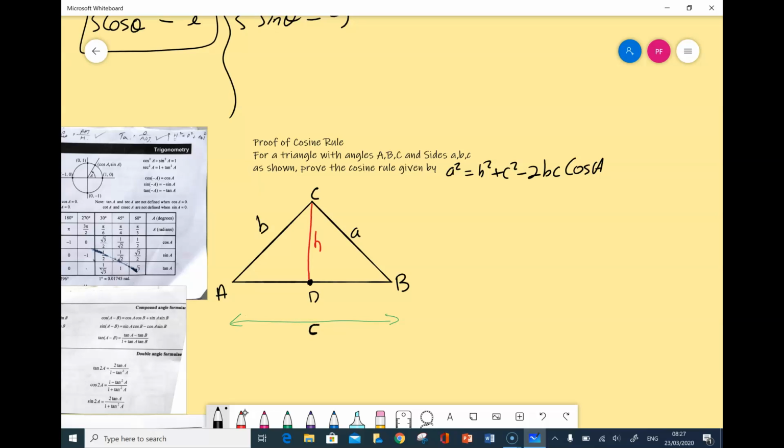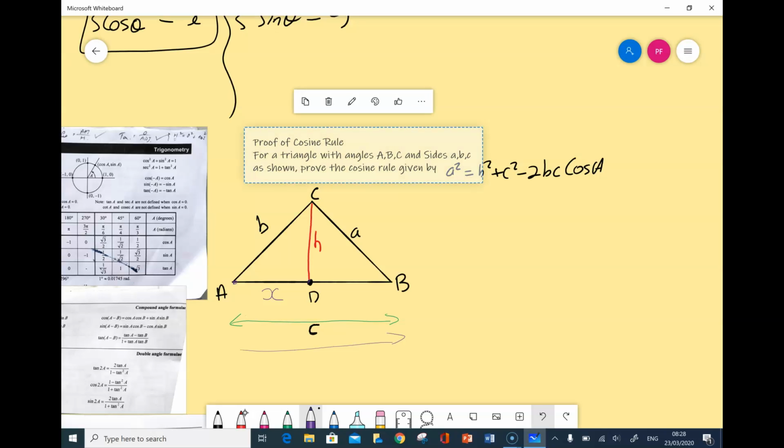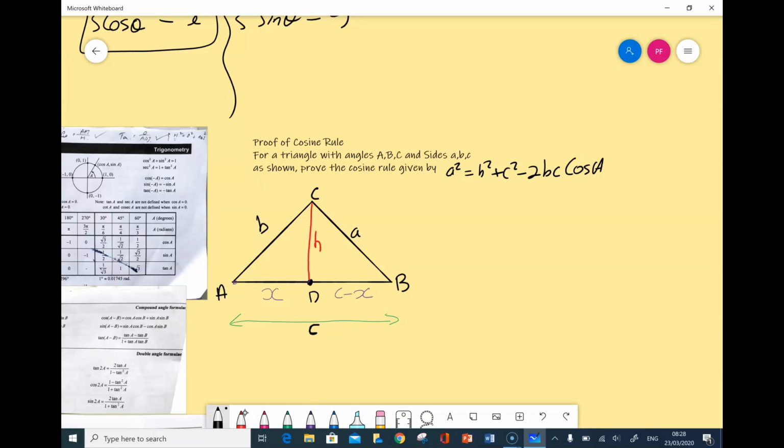What we'll also include is the length from A to D. We're going to call that x. So if the full length from here to here is c, then the remaining length here is c minus x. Okay, so that's our diagram. Now let's comment on it.